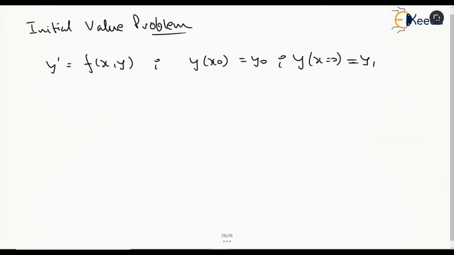So what is it? Apart from providing the differential equation, they are also providing some conditions. So this is the initial value condition. There is a possibility that they may provide y dash at x equal to 0 as, let's say, 5. So these are the cases where we are providing some initial conditions.